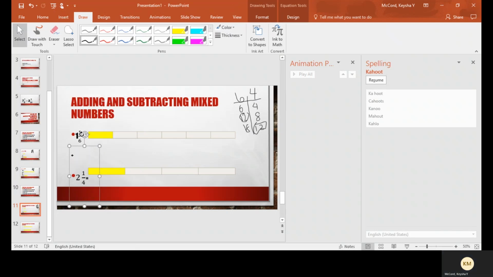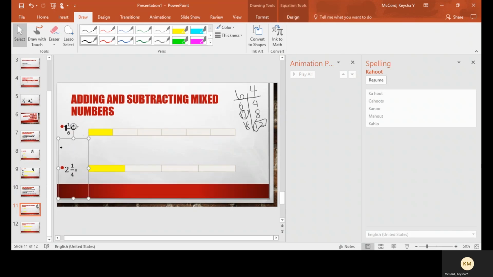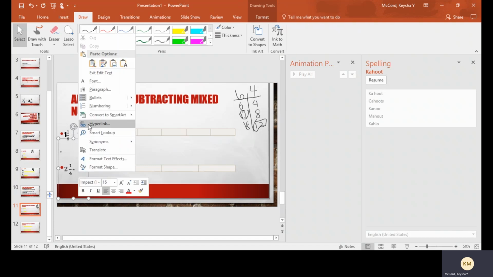So I'm going to rewrite this with a denominator of 12. So instead of 6, I'm going to have 12. But I'm going to do the same thing for my 1/4.